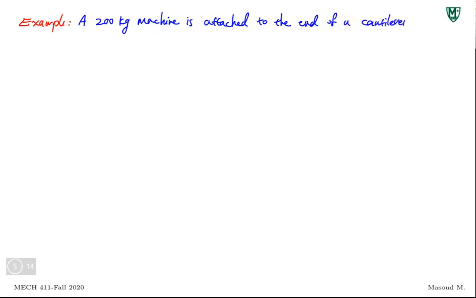This example says a 200 kilogram machine is attached to the end of a cantilever beam of length 2.5 meters.